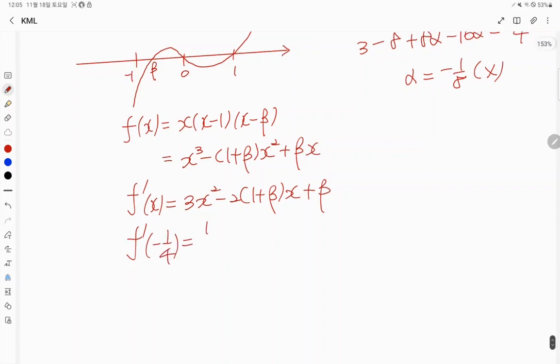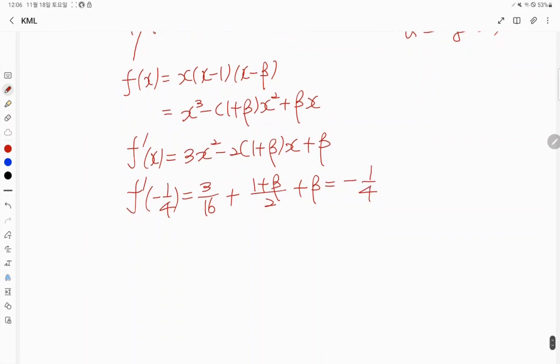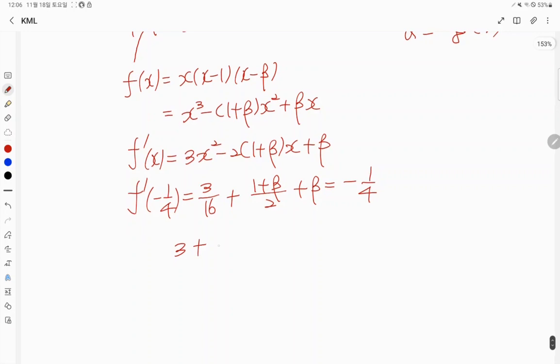And in this case, f prime of negative 1/4 is minus 1/4. So once again, let's multiply 16 to both sides.